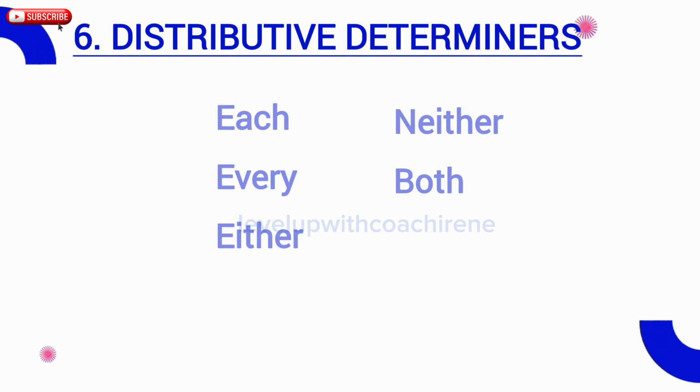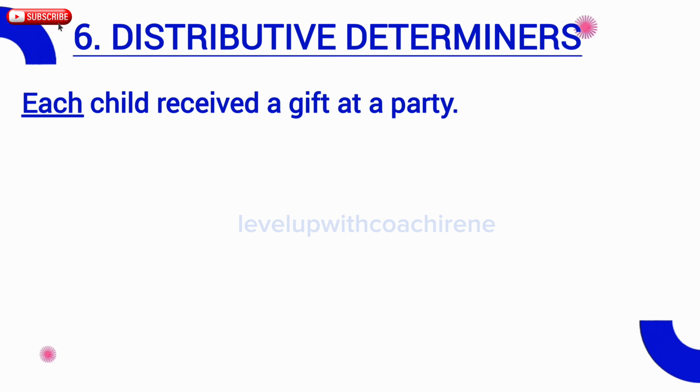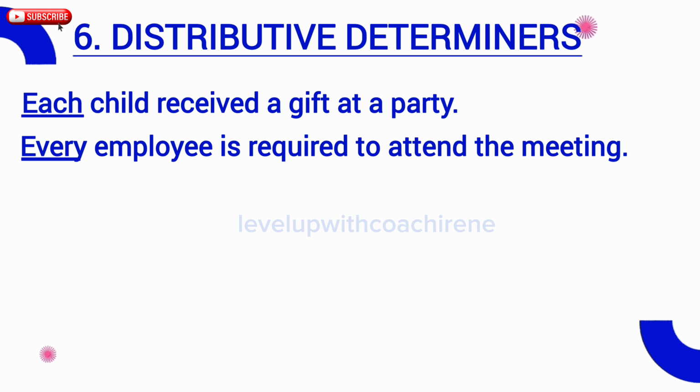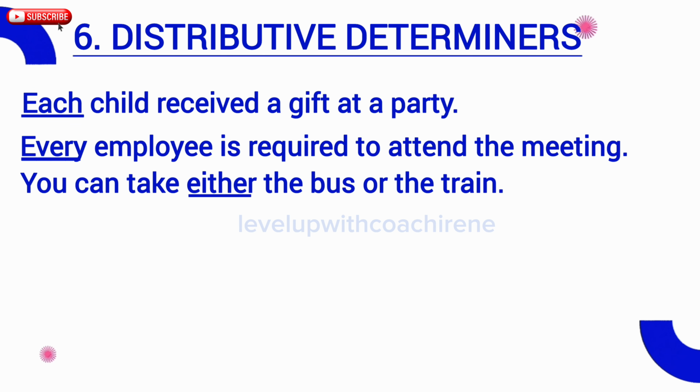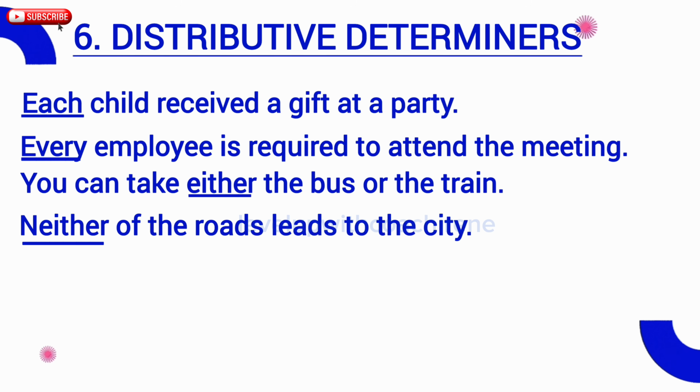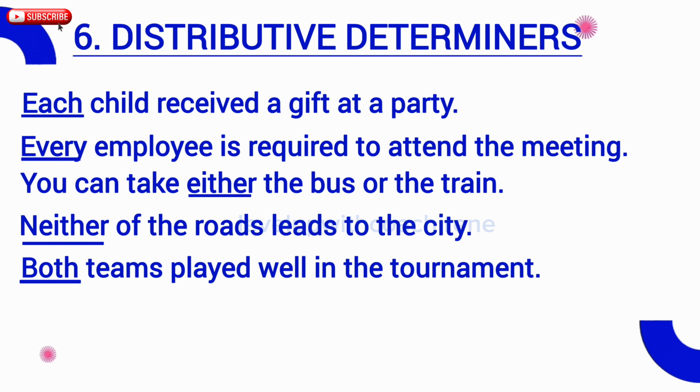For example, each child received a gift at the party. Every employee is required to attend the meeting. You can take either the bus or the train. Neither of the roads leads to the city. Both teams played well in the tournament.